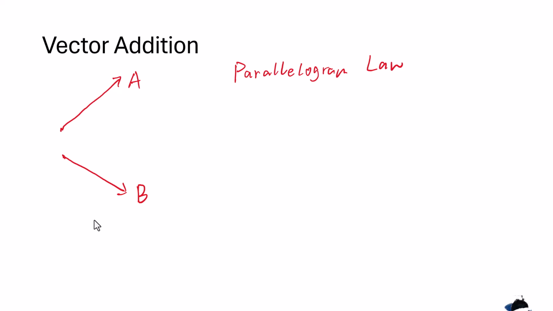For example, we want to get the addition of vector A and vector B. To finish the parallelogram law, let's draw a vector which is parallel to vector B, and also draw another vector which is parallel to vector A. So with these four vectors, we get a parallelogram.